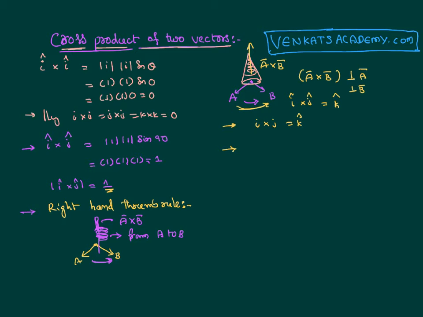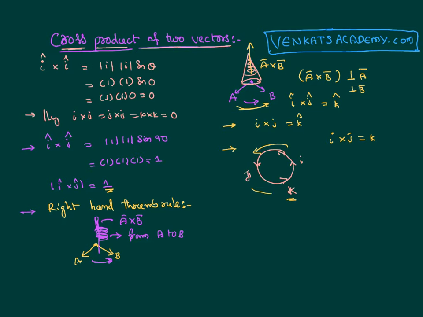There is another way of saying it. Let us just consider a circle. Say this is I cap, this is j cap, this is k cap. Just now I have proved that I cross j is equal to the remaining one, k.